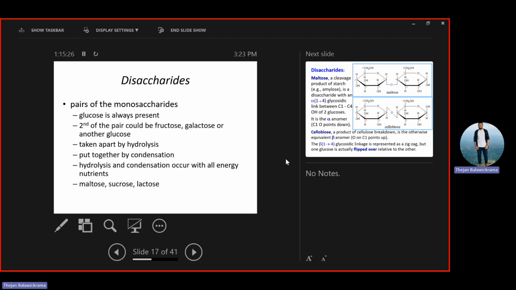Let's link that to digestion. We eat starch, and starch has to be broken down into glucose. So the opposite of condensation, water has to be supplied as a reactant. That is why we need water for digestion.